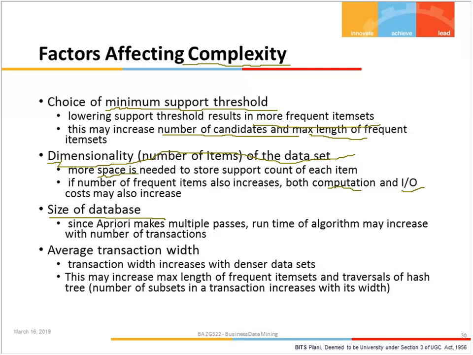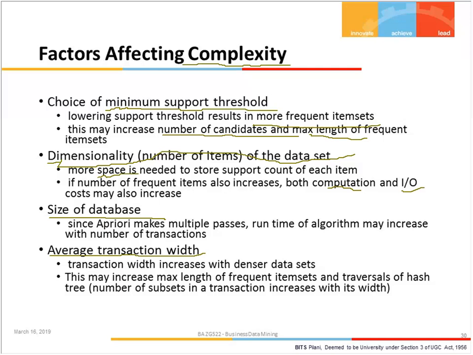Then the average transaction width. The transaction width can increase, and that means in the traversal through the hash tree, you have to travel through more nodes, and the tree depth itself may increase because there are more items.